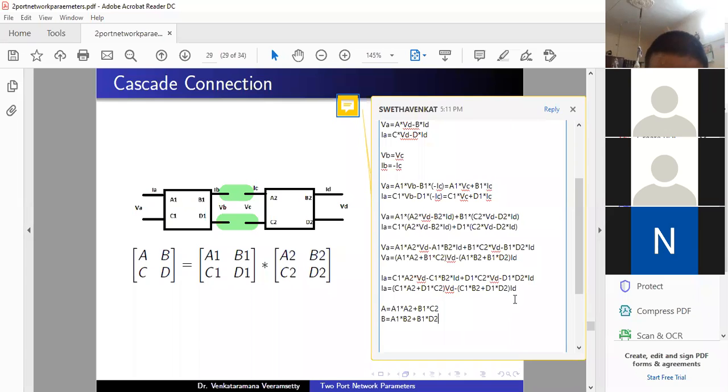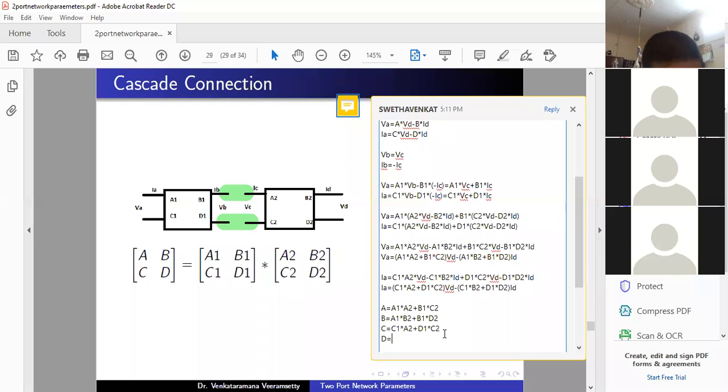Right. Now what is the C? C means for IA the VD coefficient, C1 into A2 plus D1 into C2, right? And D equal to, D means in IA, C1 into B2 plus D1 into D2.